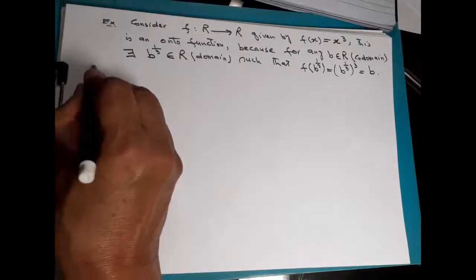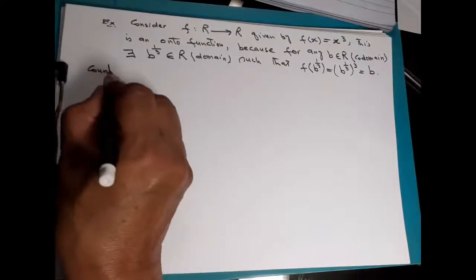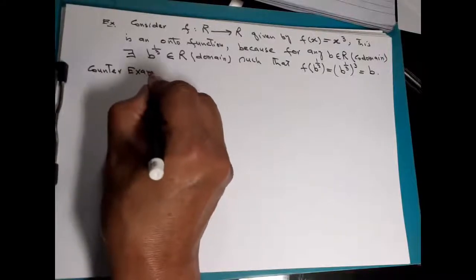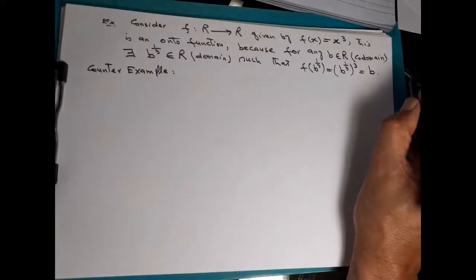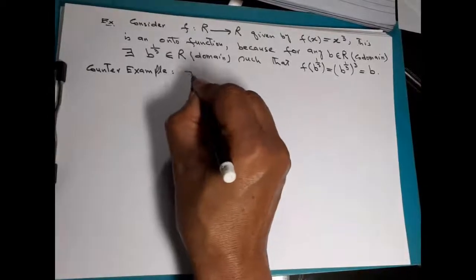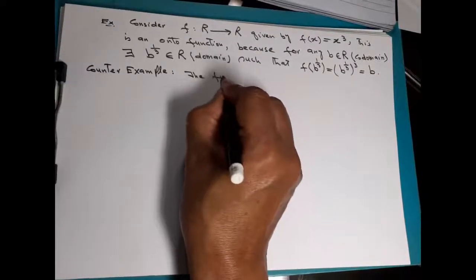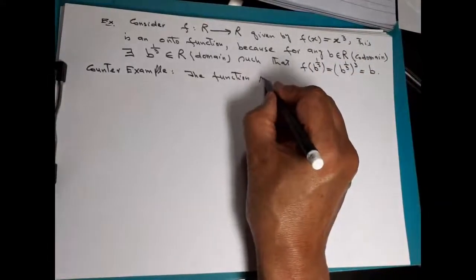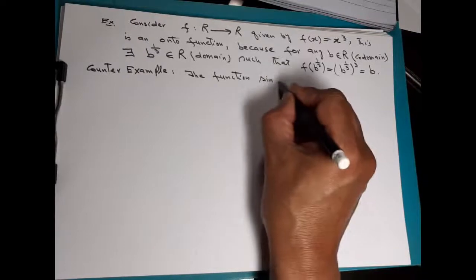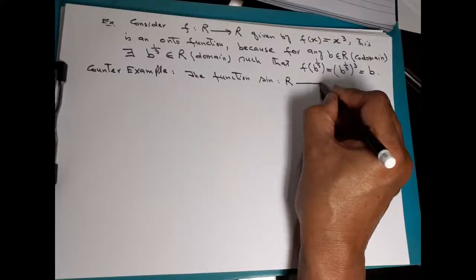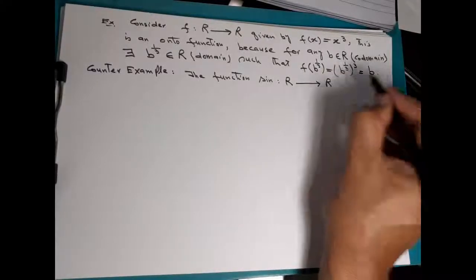Let's take a counter example. There are very interesting functions in trigonometry. So let's consider this function, the function sine. We know that domain of sine function is set of real numbers, and codomain is set of real numbers as well.